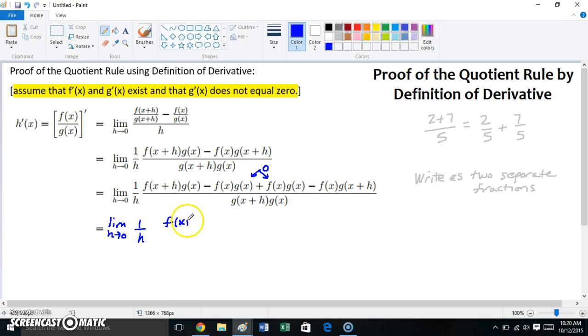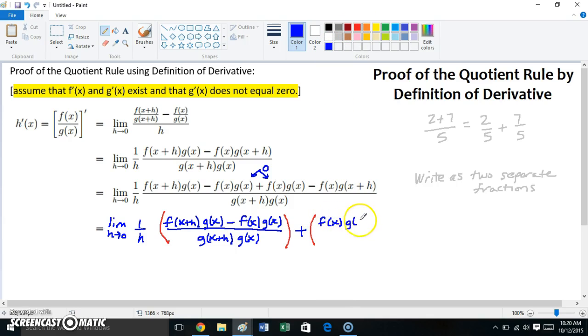So I will have f of x plus h times g of x minus f of x times g of x over the denominator g of x plus h times g of x. That's the first fraction. The second fraction will be f of x times g of x minus f of x times g of x plus h all over the denominator of g of x plus h times g of x.